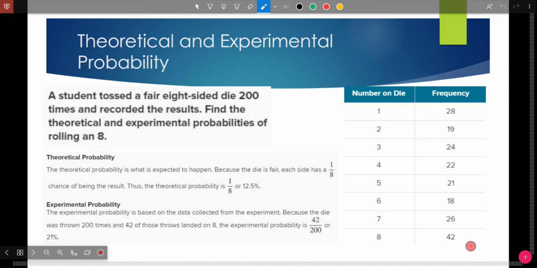It was the most popular roll for some reason. And so it would be 42 over 200 would be the experimental probability, or you could reduce that to 21 over 100, or 21%, or 0.21. And so that's the difference between theoretical and experimental probability.